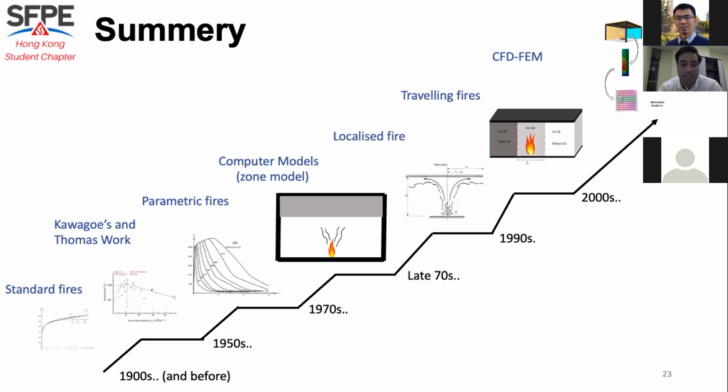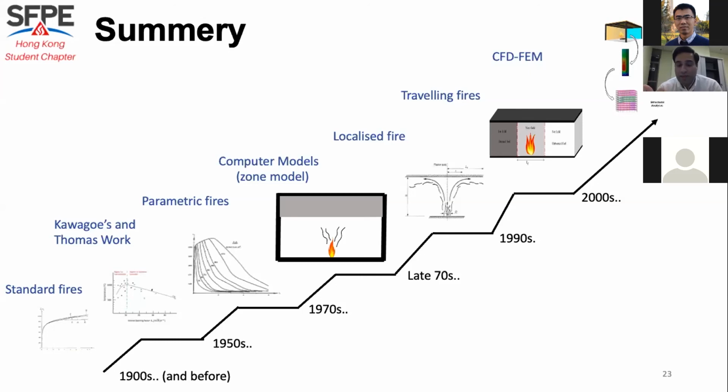In the 1950s, the revolutionary work of Kawagoe and Thomas helped us understand some physics behind the geometry of the compartment and the burning rate. And later in the 70s, the work done by Magnusson and Thelandersson, which was extended by Pettersson, gave us parametric curves for different fuel loads and different materials.